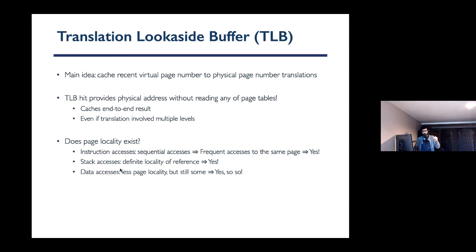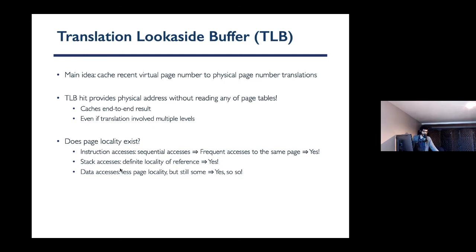So not only the data that you're accessing, you might access the same data again and again, you're also running the same code. If you're going through a loop, the set of instructions that you're executing is limited. So in a window of time, you visit the same instruction multiple times. So you have spatial and temporal locality with instructions.